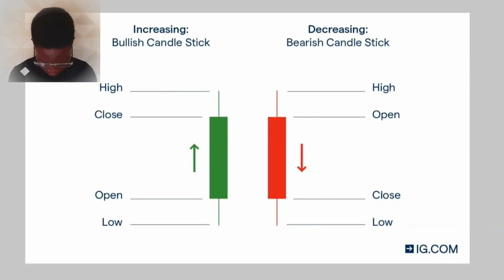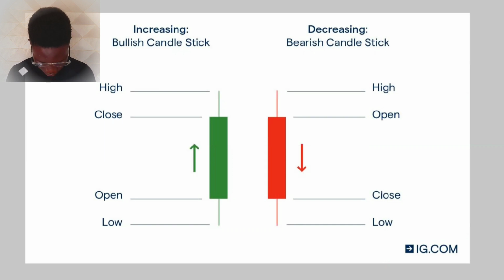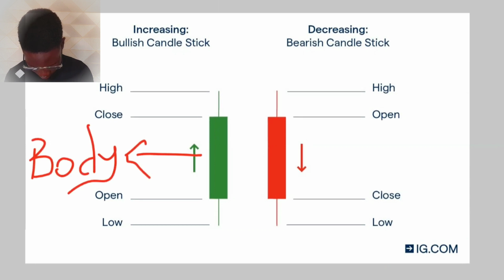Hi guys. So firstly, I would like to talk about the bearish and bullish candlestick, like shown here. So we all know that this is the body of the candlestick.